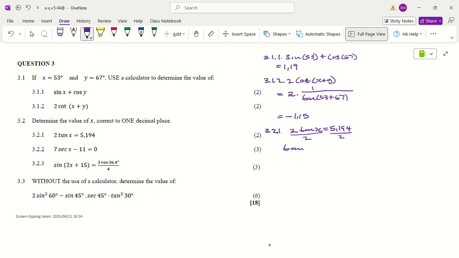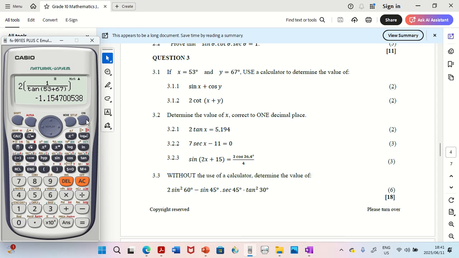Then we'll have tan x is equal to 5,194 divided by 2, which is 2,597. And then in our calculator now, x will be, we're going to press shift and say tan and put this value. And now when you press shift, guys, in your calculator must put a negative 1 on top of tan, so that you can put 2,597. That's 2,597.